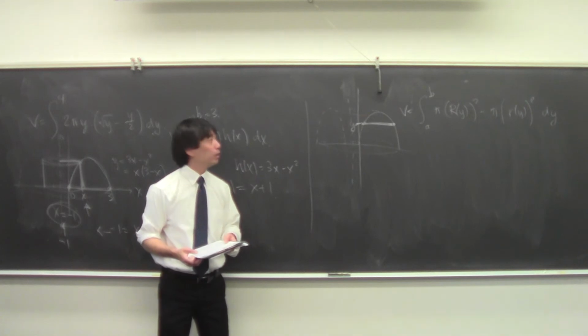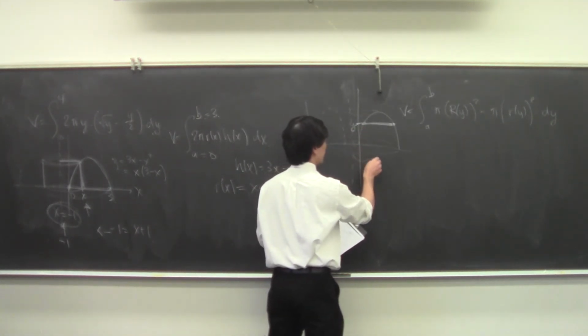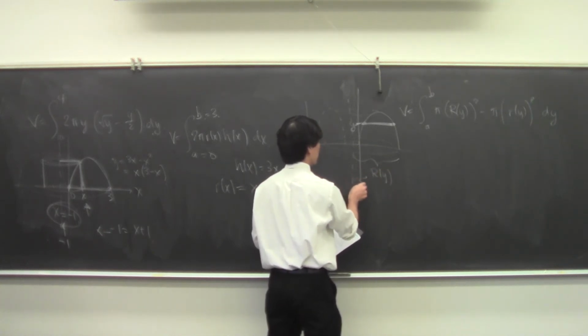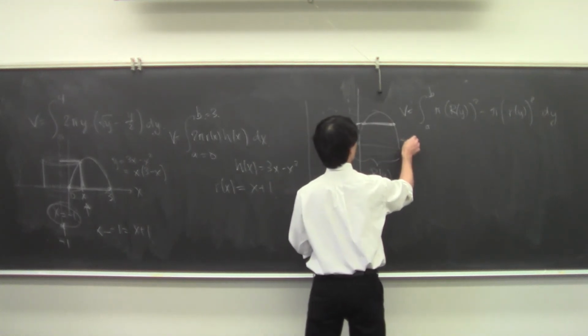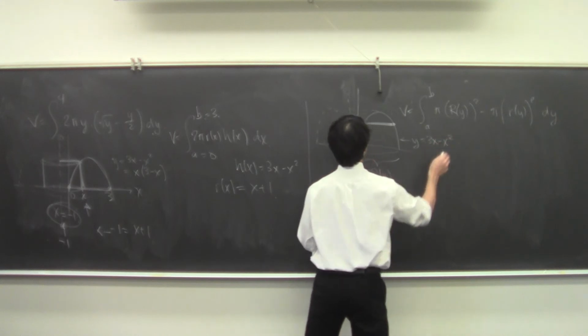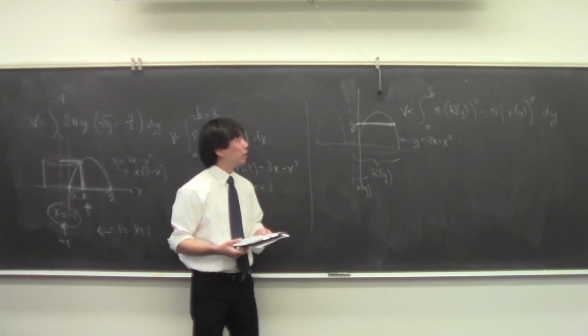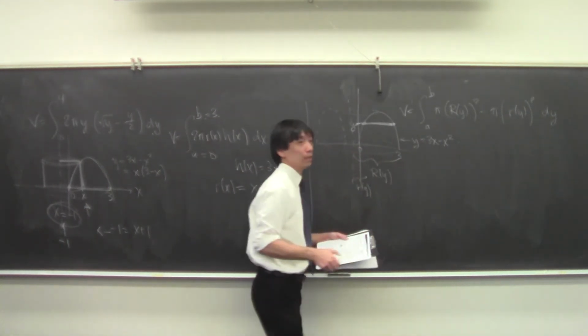So we would need to get the big radius and the little radius. And this thing was y equals 3x minus x squared. It goes from 0 to 3.